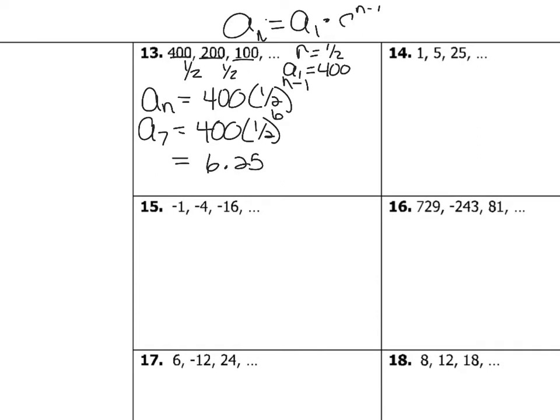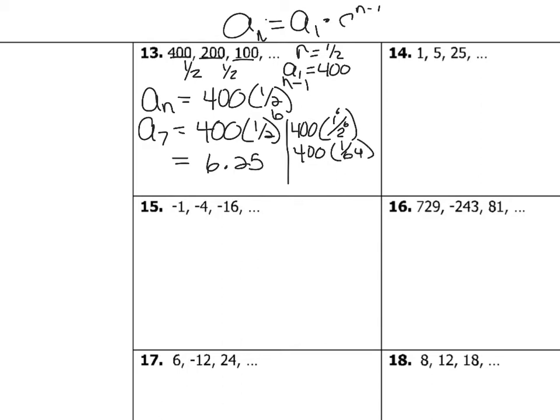If I was doing this by hand without a calculator, I would say 400 times 1 over 2 to the 6, it's 1 to the 6 over 2 to the 6, which is 400 times 1 over 64.